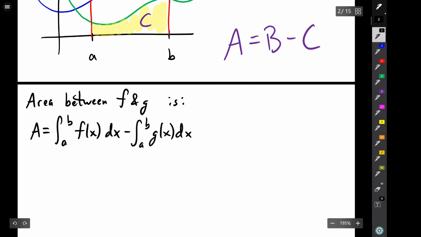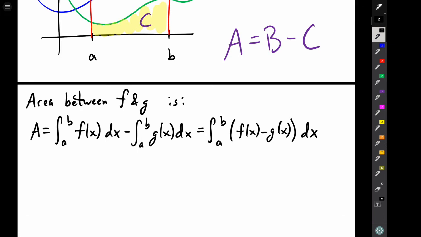And of course, we can just combine these together and write down this statement. We don't need to compute two separate integrals here. We can just use the property of integrals and combine that into one.